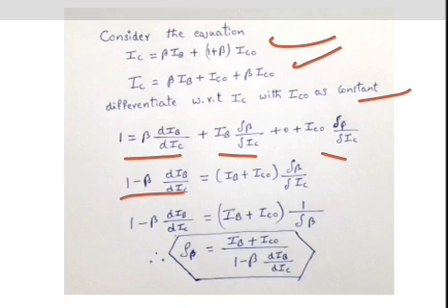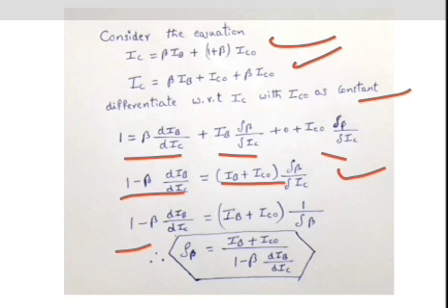Therefore 1 minus beta into delta IB divided by delta IC equals IB plus ICO into delta beta divided by delta IC.